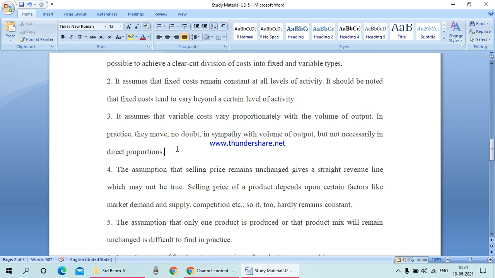So that is one of the aspects in which break-even analysis is criticized.